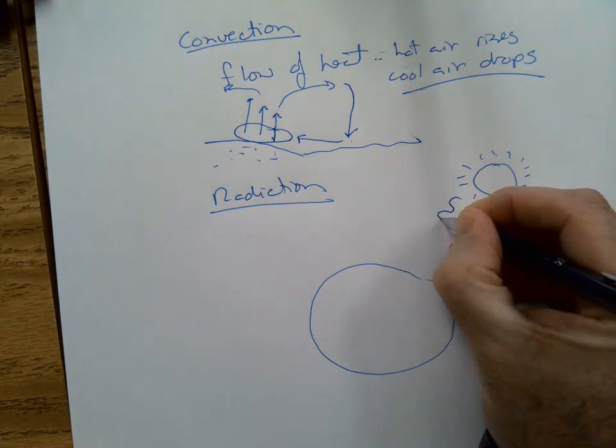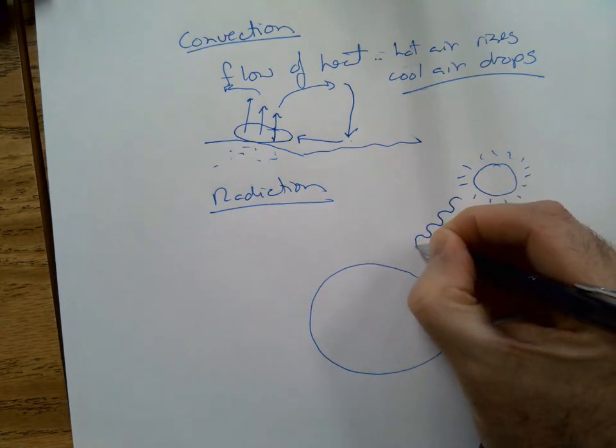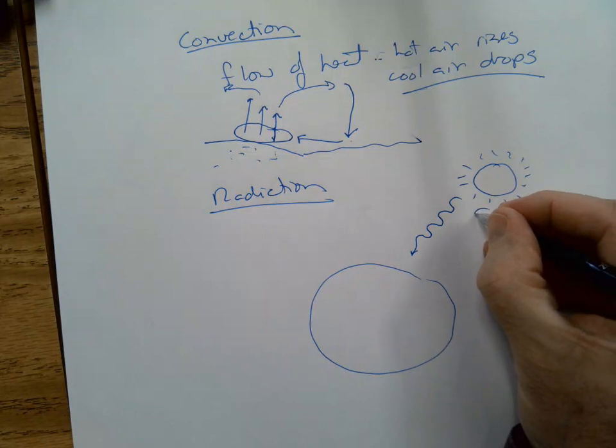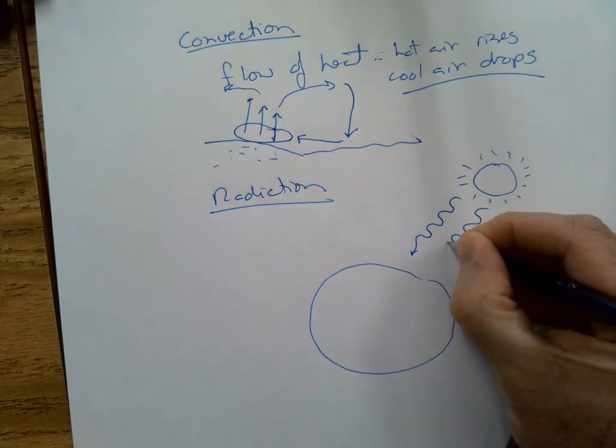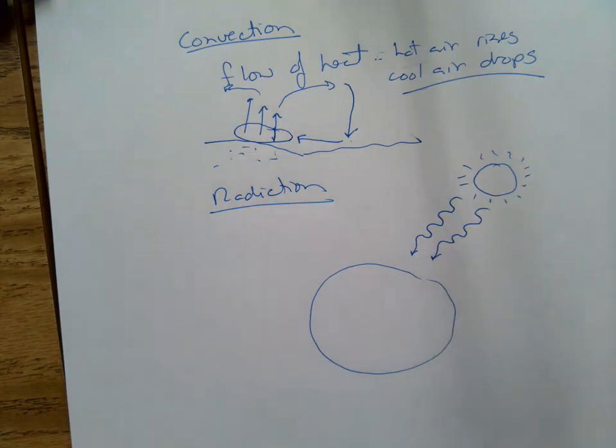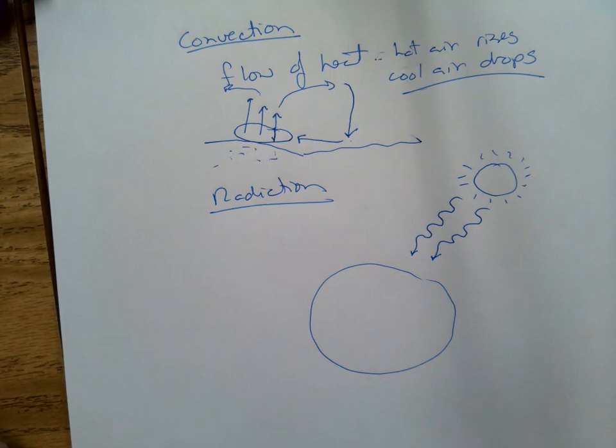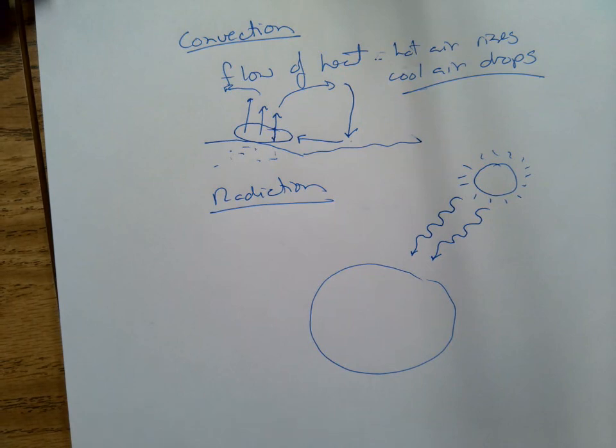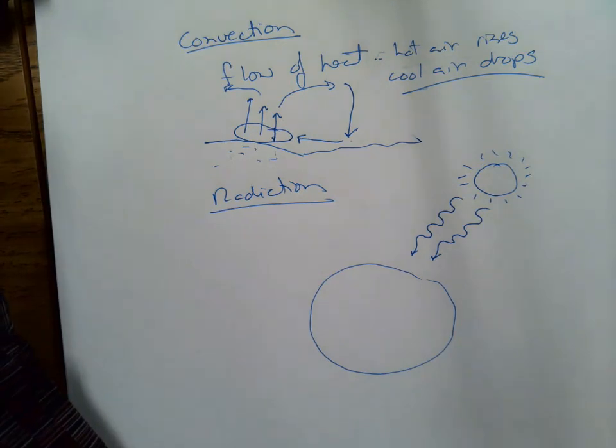So light travels in the form of waves. So this is wave energy. I'm sure you've heard about this before in science, but there's different types of wave energy. So there's microwaves and gamma rays and infrared rays and ultraviolet, and we've got radio waves.